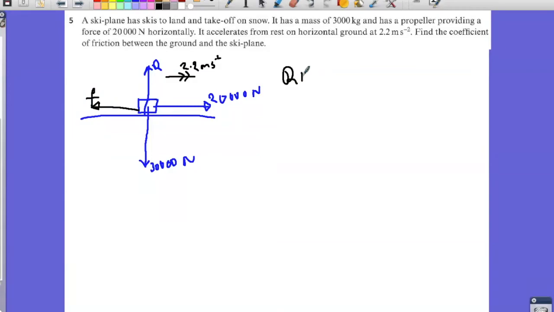Resolve vertically, R is equal to 30,000 newtons. F is equal to mu R. So that is 30,000 times mu.